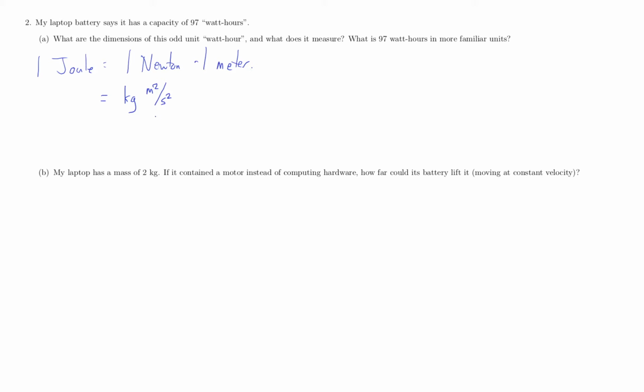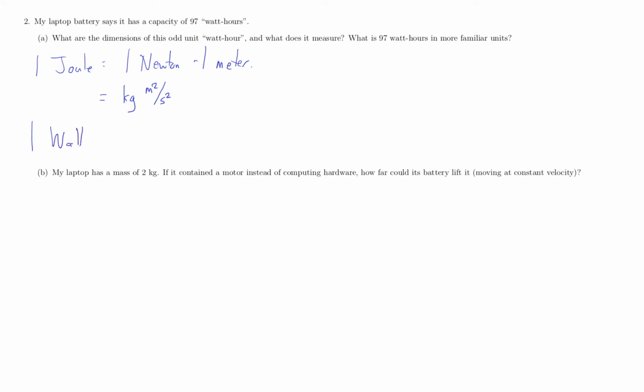Another unit, though, is the watt. You're probably familiar casually with watts as a rate of using energy, a rate of converting energy from one form to the other. So a light bulb, for instance, might say that it's a 20-watt light bulb, and that means that this light bulb consumes 20 watts of electrical energy every second and converts it into 20 joules of some other kind of energy.